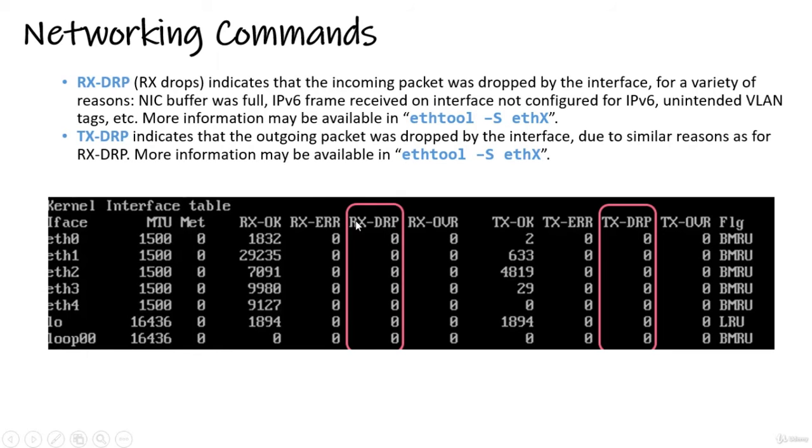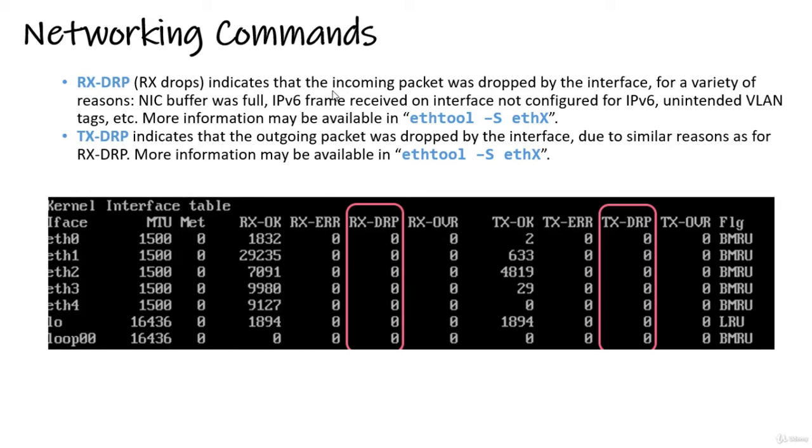All right, the next thing we have here is RX drop or TX drop. It usually indicates that an incoming packet was dropped by the interface for a crazy number of reasons. Maybe the network buffer was full, or an IPv6 frame was received on an interface that was not configured for IPv6, or a VLAN that wasn't intended to be here.